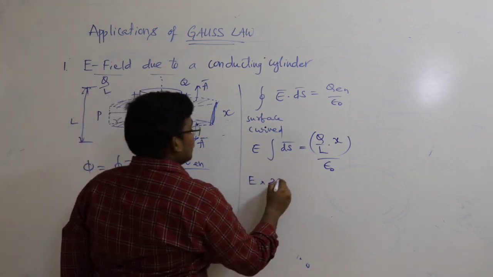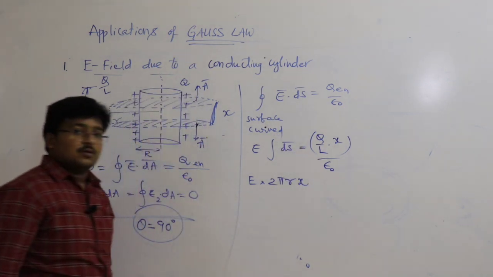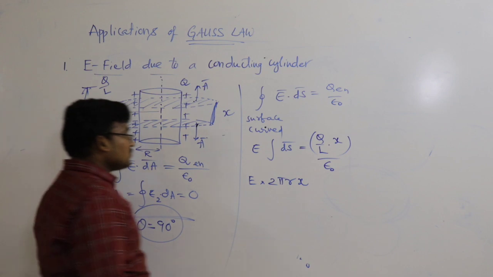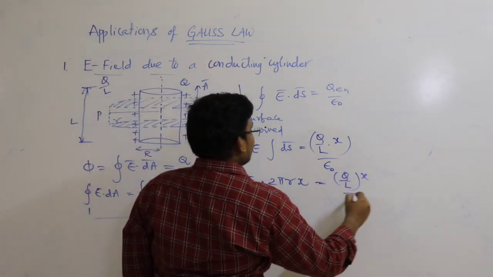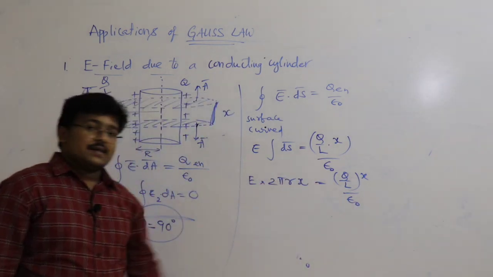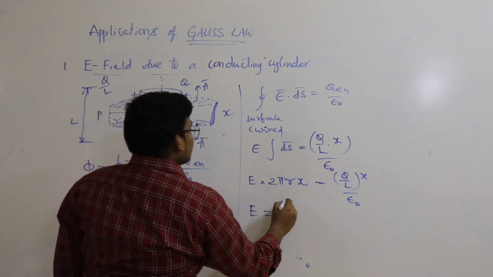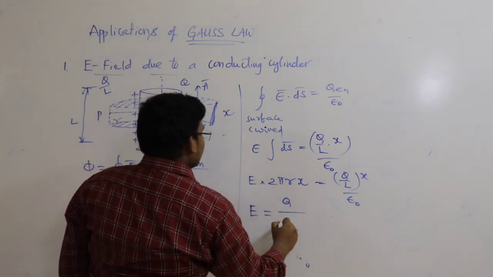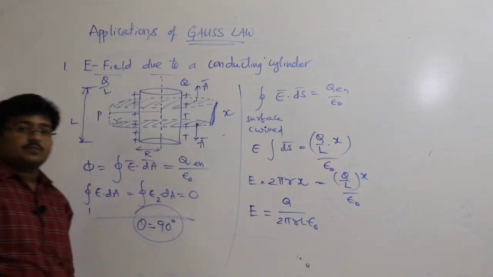So E into 2 pi r into x is equal to capital Q by L into x by epsilon naught. Cancelling x and x, sending 2 pi r across, you will get E equal to capital Q by 2 pi r L epsilon naught.